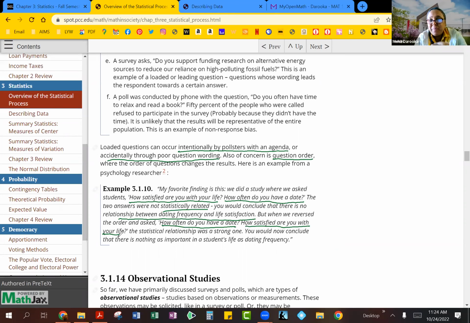You may end up getting biased responses, especially if they don't have a satisfactory dating frequency, because that may lead them to think, oh, I'm not very satisfied with my life either. So you can see how just changing the order of the questions can come across as loaded questions, which can then lead to bias in your responses. Something to think about as you're going through these different examples over here.